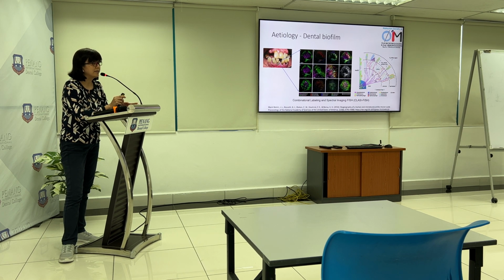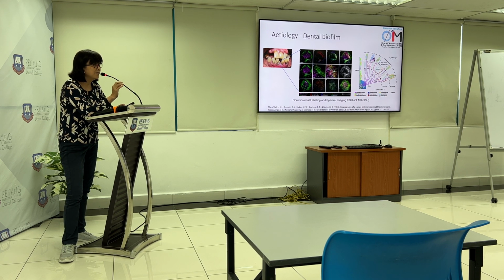And all of them are there. We used to think that Porphyromonas is bad, but Porphyromonas is there, just in smaller numbers. Streptococcus, we think, should be more of the primary colonizer, right? So in a healthy situation, their numbers are higher. But even when caries or periodontal disease sets in, all the same bacteria are still there, just that their proportions change.